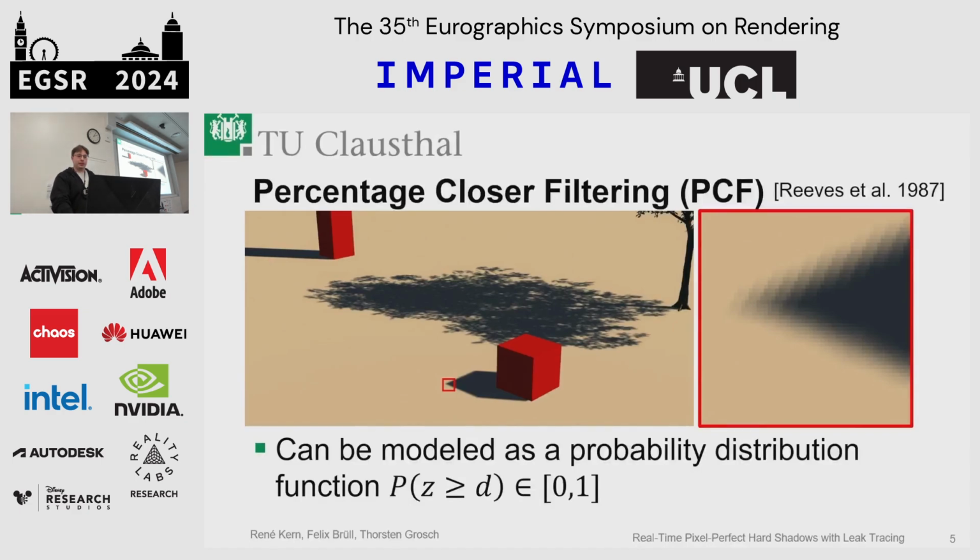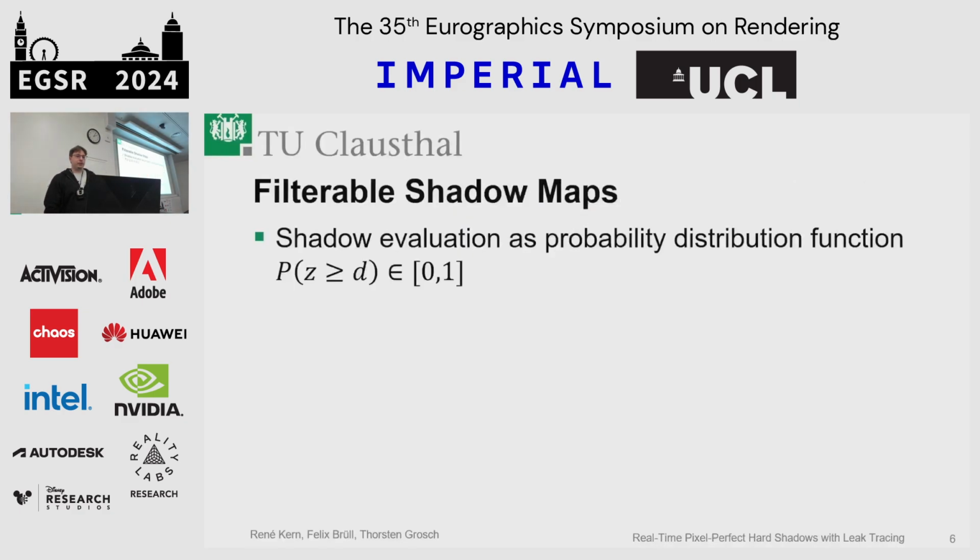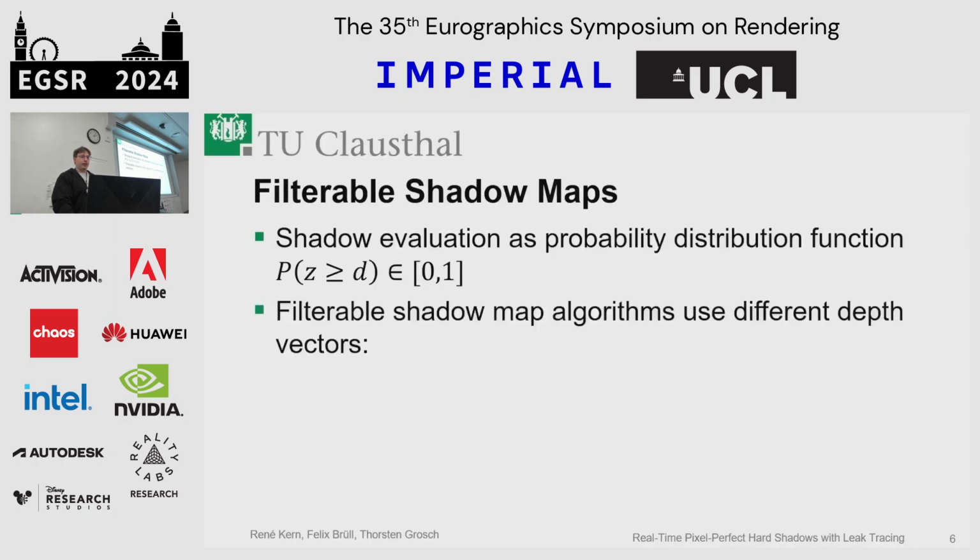So we can do better, and that is with filterable shadow maps, where the whole shadow evaluation process is modeled as a probability distribution function. These are also completely free of these shadow acne artifacts, so no bias value needs to be set for them. And they all use different depth vectors to approximate these probability distribution functions.